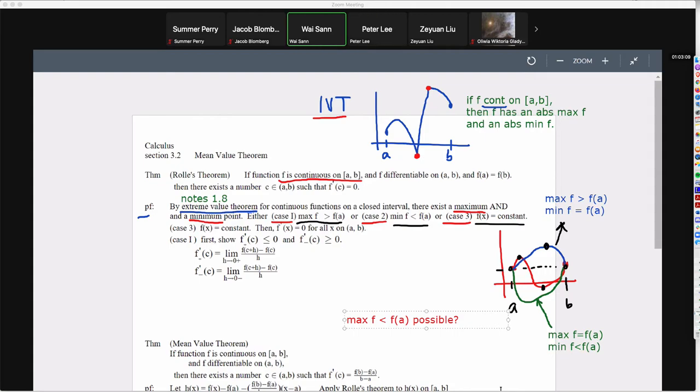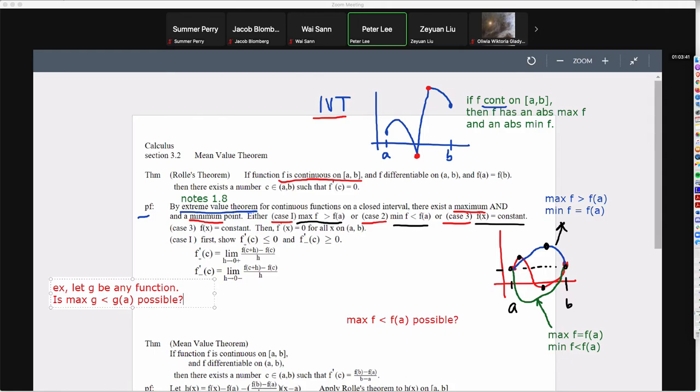You mean the green one, right? No, not the green. Any curve. Let me give you an example. Let g be any function. Is max g less than g of a possible?